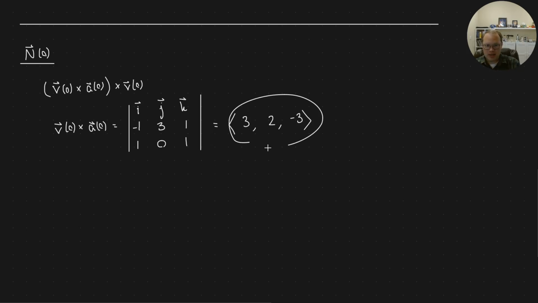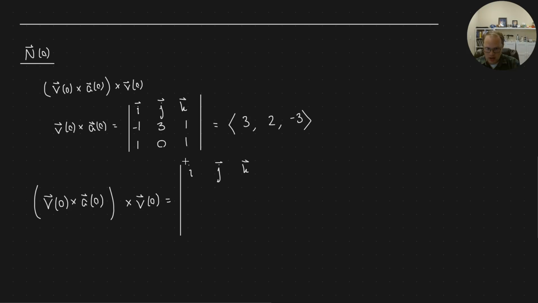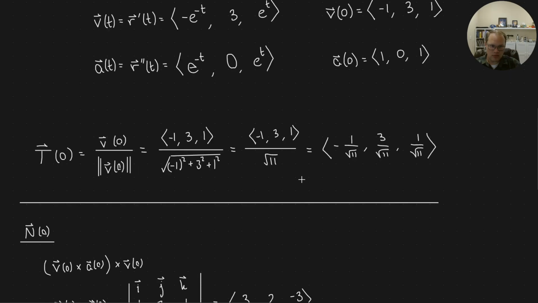Now I'm going to take this result and cross it with V of 0. So V of 0 cross A of 0, which is what I just calculated, and then cross that with V of 0. I, J, K. V of 0 cross A of 0 is 3, 2, negative 3. V of 0 is negative 1, 3, 1.